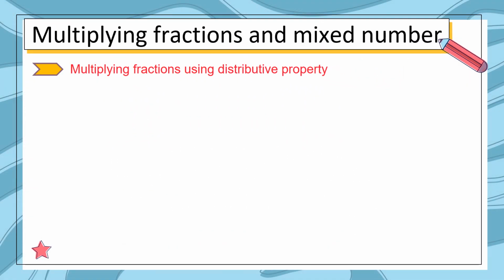Now, multiplying fractions and mixed numbers. Multiplying fractions using the distributive property.